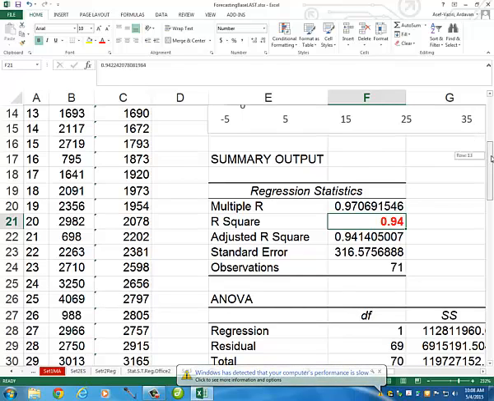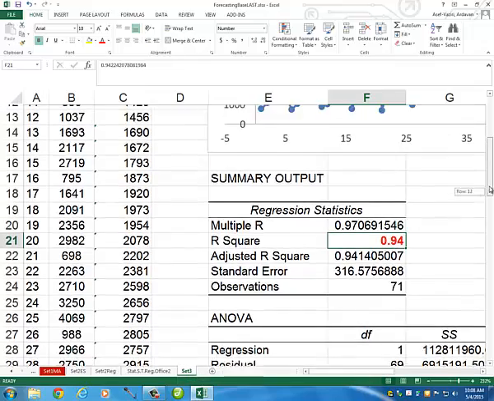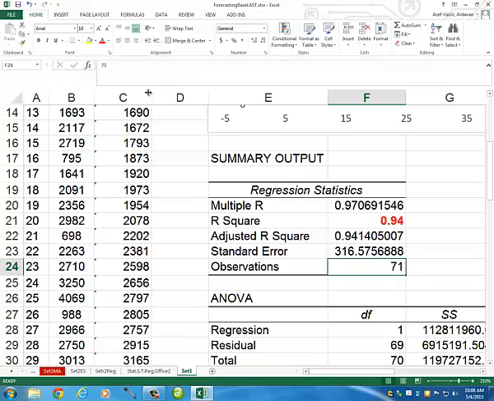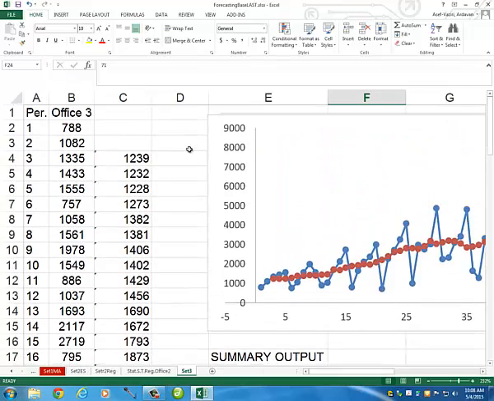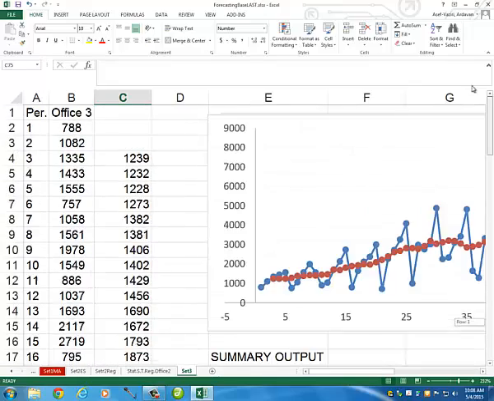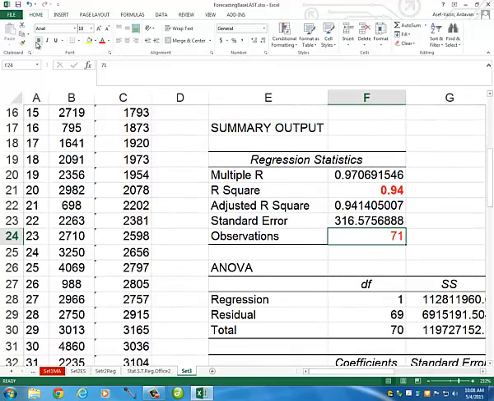Low numbers are not good. This one says our computation was based on 71 numbers. But look, in the first two months we didn't have anything, and in the last two months we didn't have anything. So that is correct: the number of observations is 71.